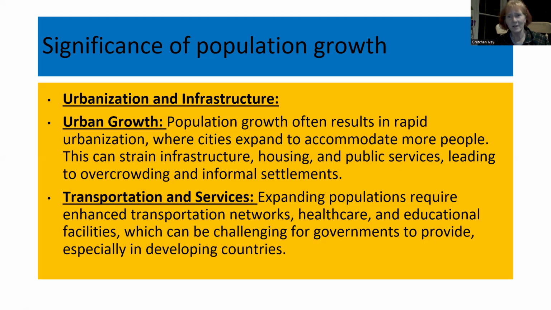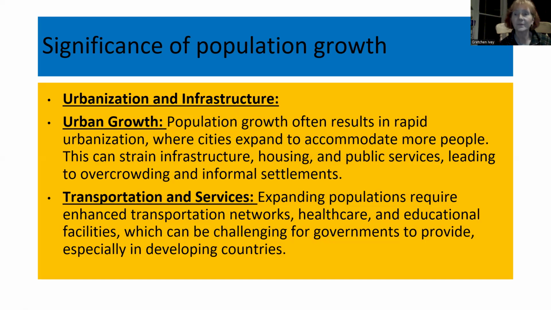You see this in countries like Brazil with the favelas, shanty towns, where for various reasons people just put these up because there's not enough housing for everybody to have a high-rise apartment. Transportation and services. Expanding populations require enhanced transportation networks, healthcare, and educational facilities, which can be challenging for governments to provide, especially in developing countries.